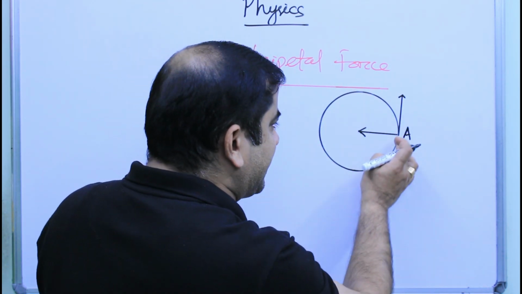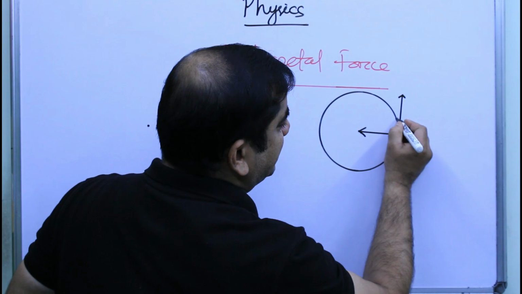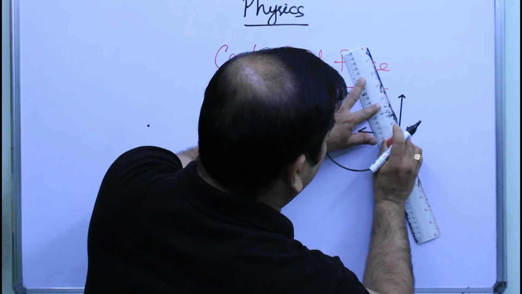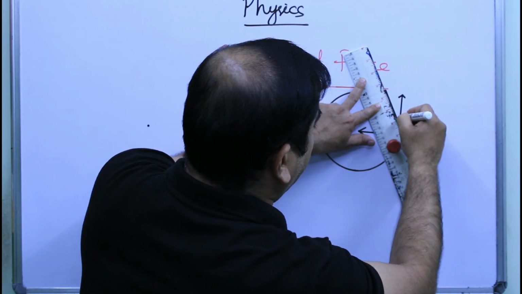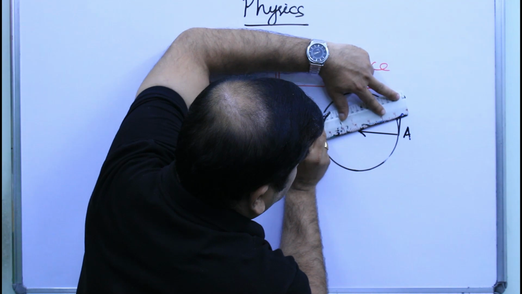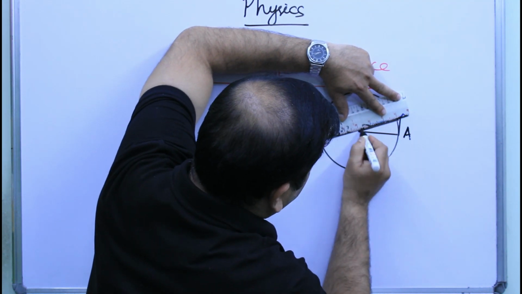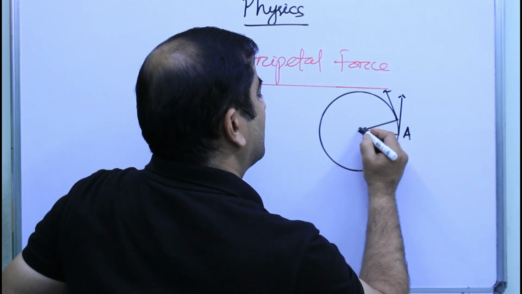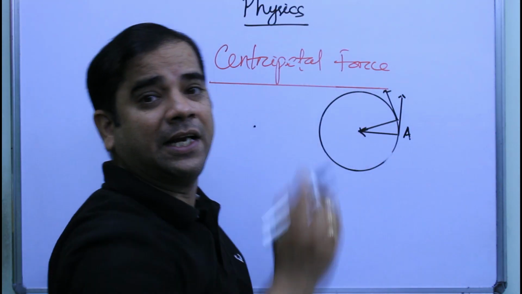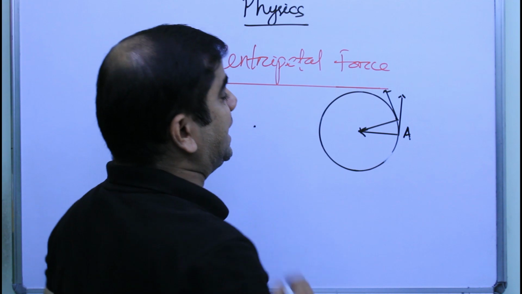For example, see, it tries to move and suppose this is the point where it should be. The direction should be that direction, see, tangential. But again, the centripetal force makes the body move in this direction rather than in the tangential direction. This happens at each point.